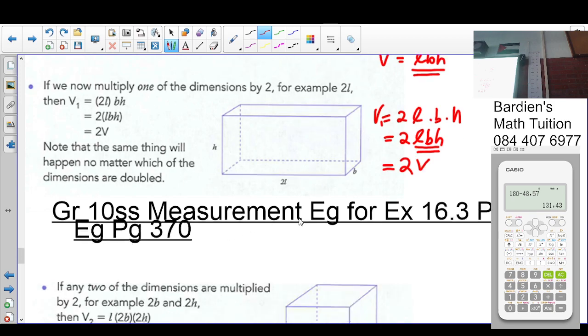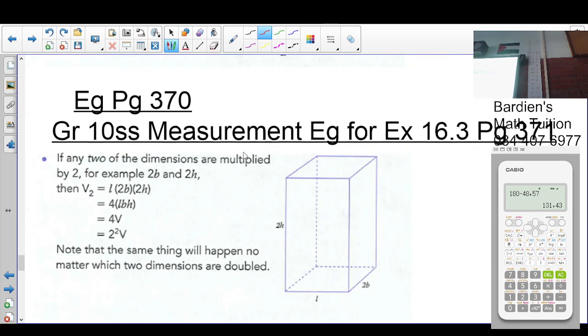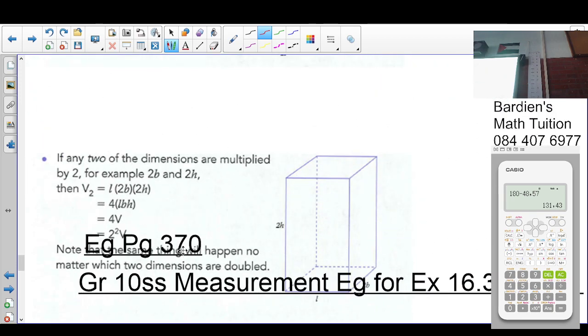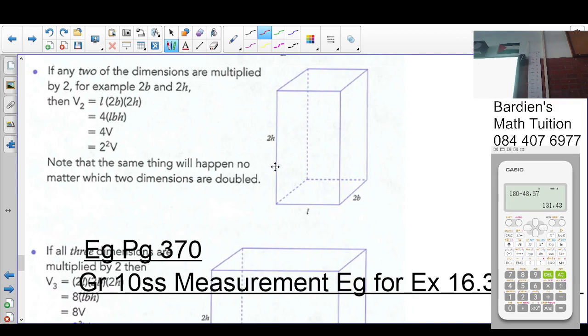So they say, okay, let's see what happens if we double 2 dimensions. So they double the height and the breadth. Can you see that? So the volume in the second case is length times the breadth, which is now 2b, and the height is 2h. So in other words, they got now 4 LBH.